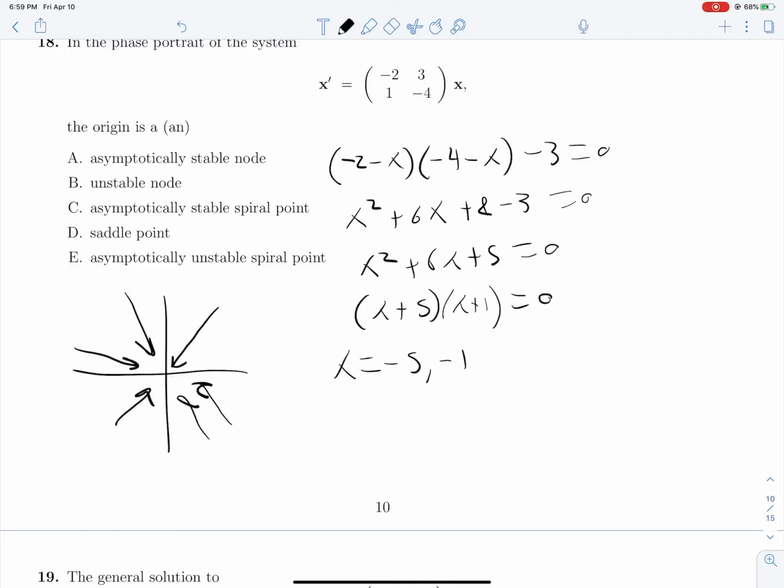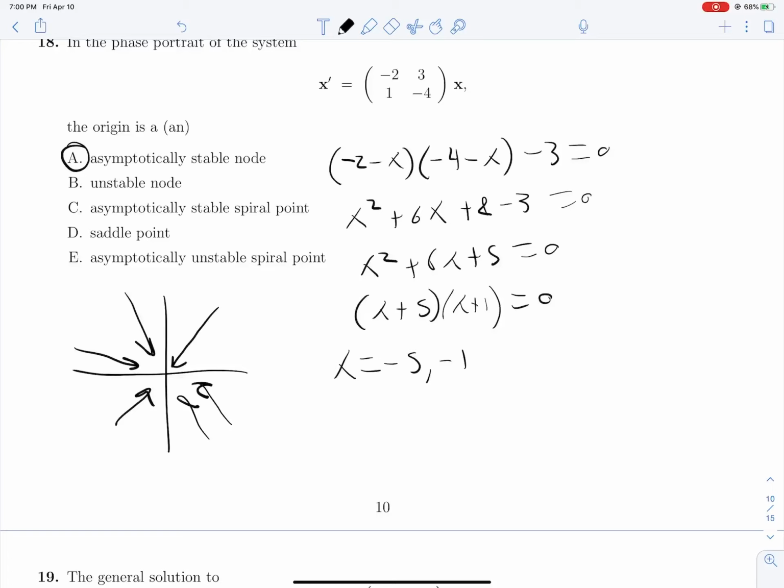And what this means is we can identify this behavior pretty easily. We have an asymptotically stable node. When we approach t is equal to infinity, any starting point will approach the origin. You can kind of think of it as a depression in a trampoline or some other surface like that.